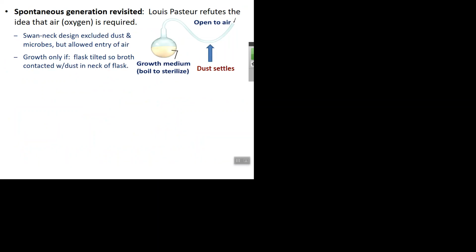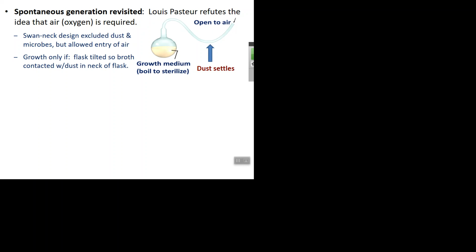And so Pasteur then sets his sights on this spontaneous generation argument, okay? And he goes, okay, I'm going to ingeniously design this very simple experiment where he fulfills the requirements of the spontaneous generation people saying, you've got to have air in this system, or it doesn't work.